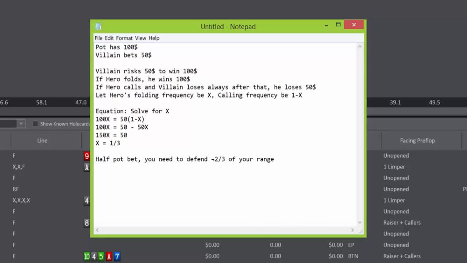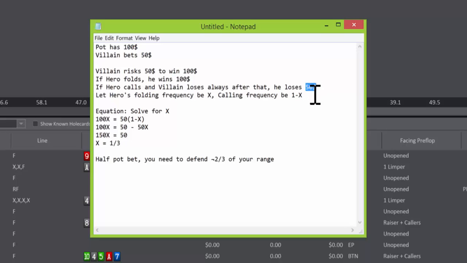What we mean by bluff here is that he will always lose when called, and he will just give up, so he's not going to barrel on future streets. We can even assume this is on the river. So if hero folds, he's going to win $100 in the pot. If hero calls, we are just going to assume that the villain will lose $50.